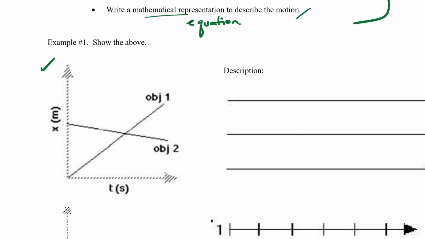Okay, so it says here, well, we need to do a description. So we can say object 1. Object 1 starts at the origin. You know what, I'm just going to pause and write it out so you don't have to watch me type.